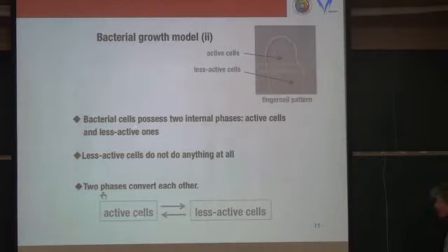Active cells become less active, like this, okay? This assumption is coming from the experiments. In the previous one, we thought about only one type of bacteria. But from the experiment, we may assume two different types of bacteria.